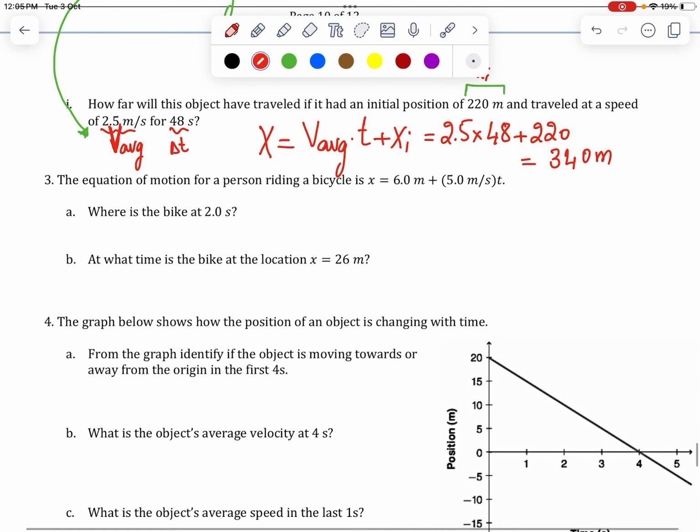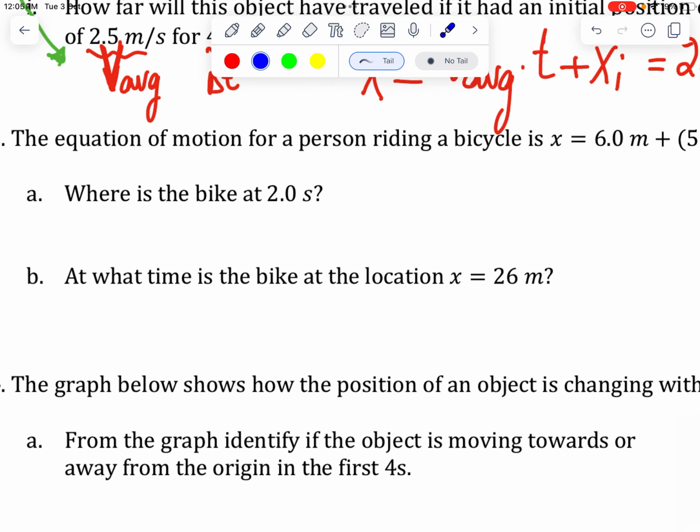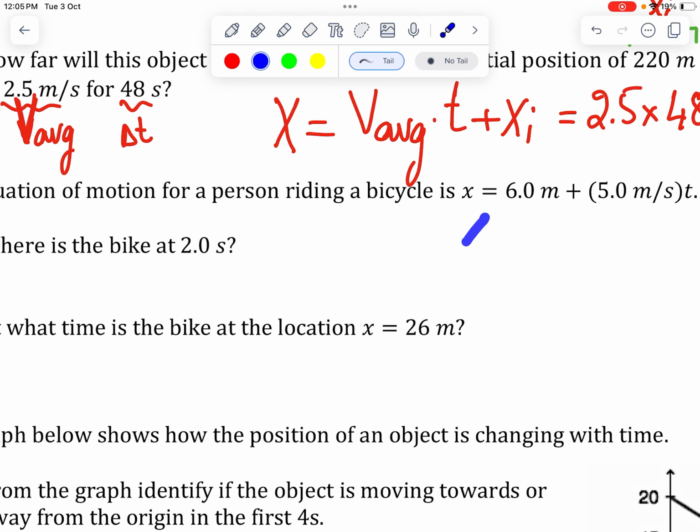Question number 3. The equation of motion for a person riding a bicycle is x equals 6 plus 5t. So let me write it again without the unit. X equals 6 plus 5t.